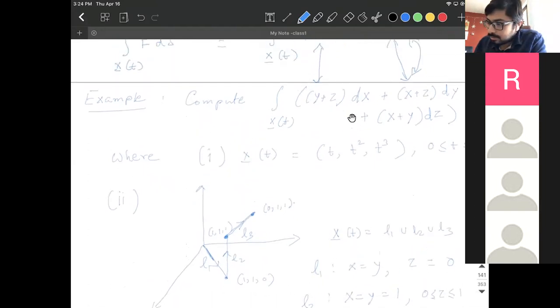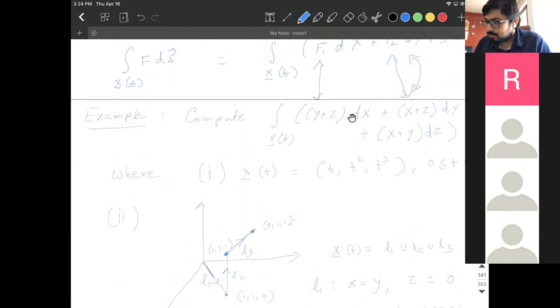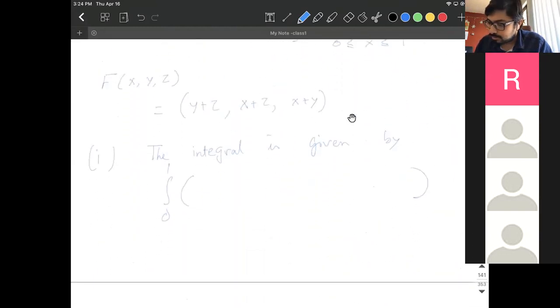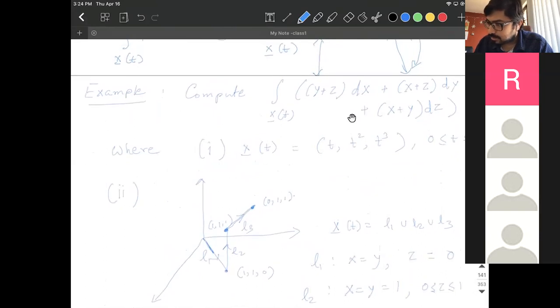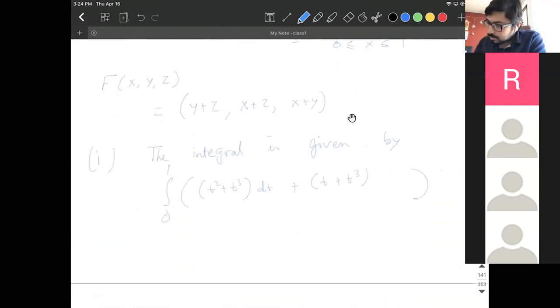Now substitute these components: y is t square and z is t cube. So this is t square plus t cube dt, of course, plus t plus t cube, since the second component is x plus z.